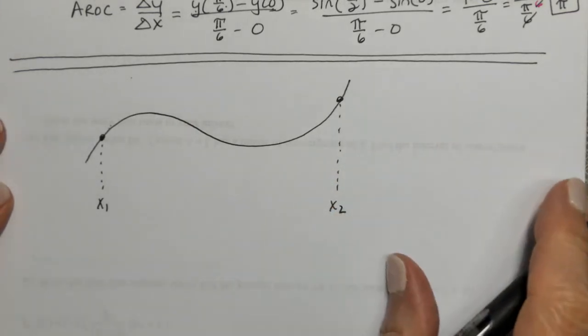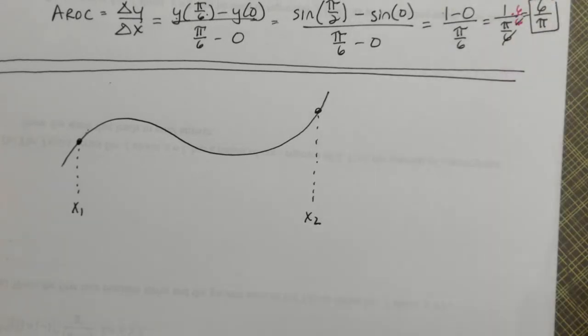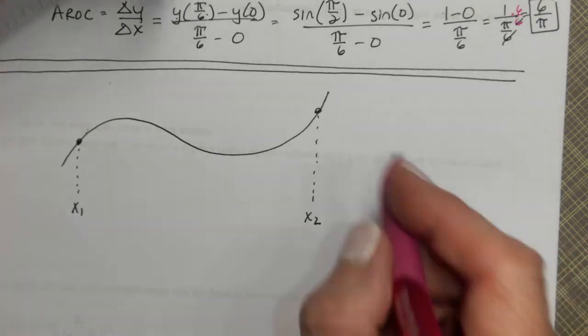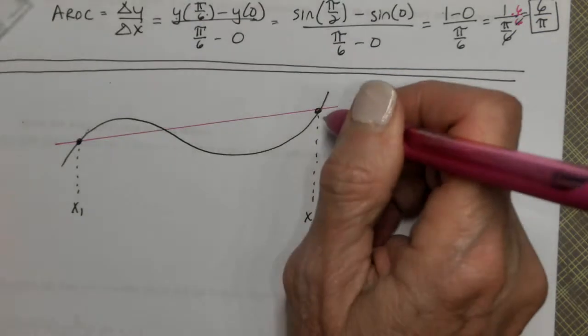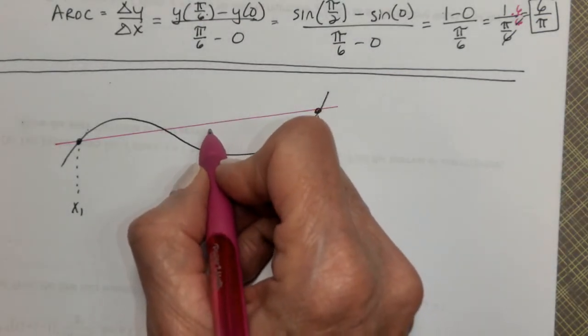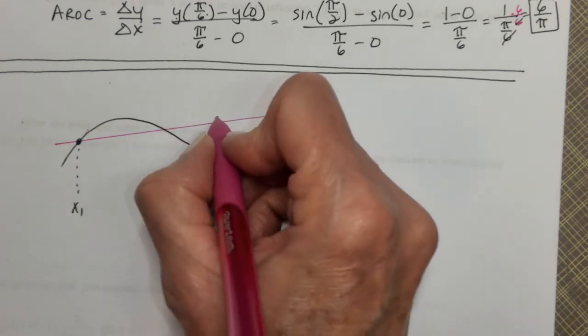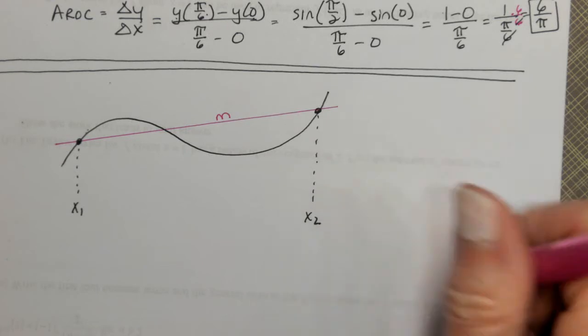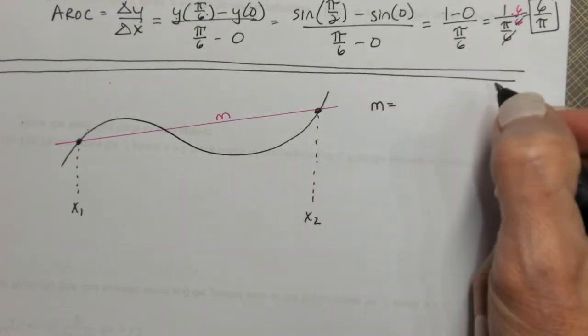I'm going to develop what instant rate of change is. We could get a straight edge here and find the average rate of change between those, the slope between those. It would be rise over run, right? So the slope, I'm going to call that slope m, would just be our average rate of change.